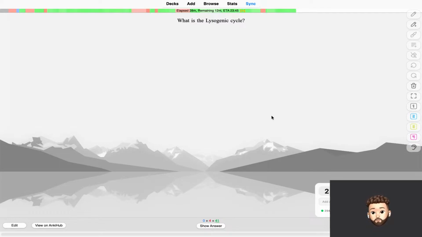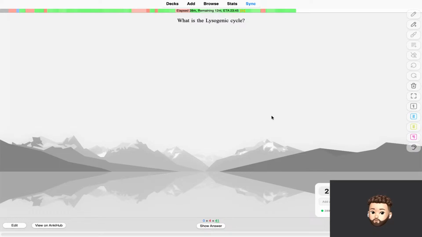What is the lysogenic cycle? The lysogenic cycle is when the virus enters the cell and it integrates itself into the genome so that it can reproduce its own parts.